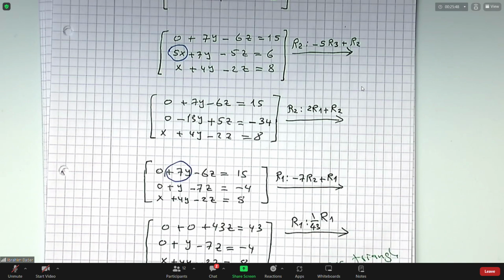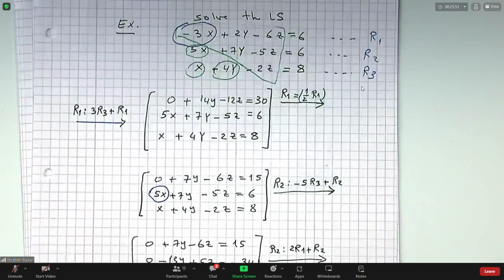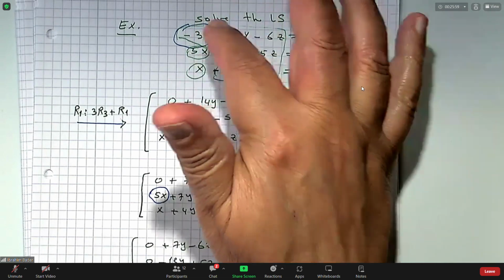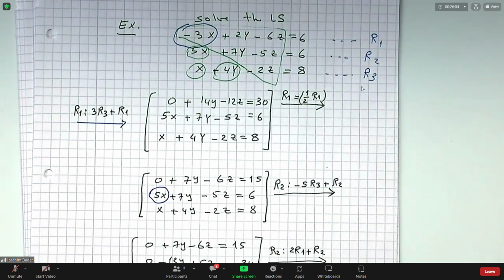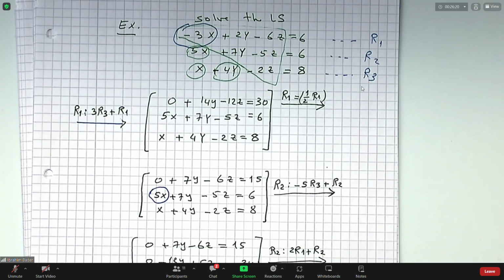For instance, at this stage here, you can multiply this with 5 and this with 3 and cancel. You can start with different steps, but ultimately you will get to the same result if you do the right, logical steps. So there is no patent recipe for that, number one.